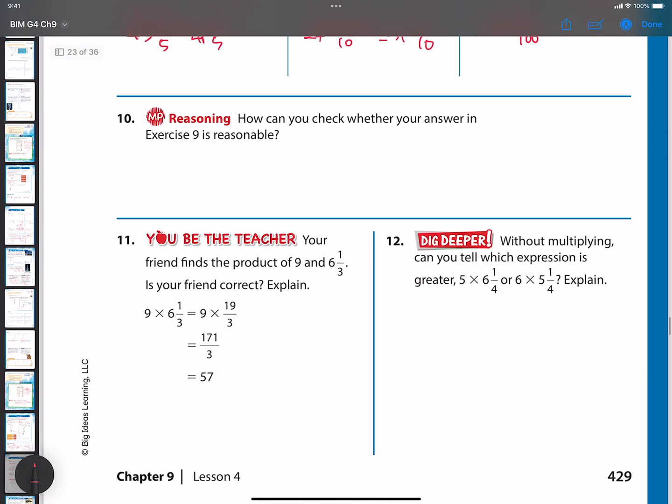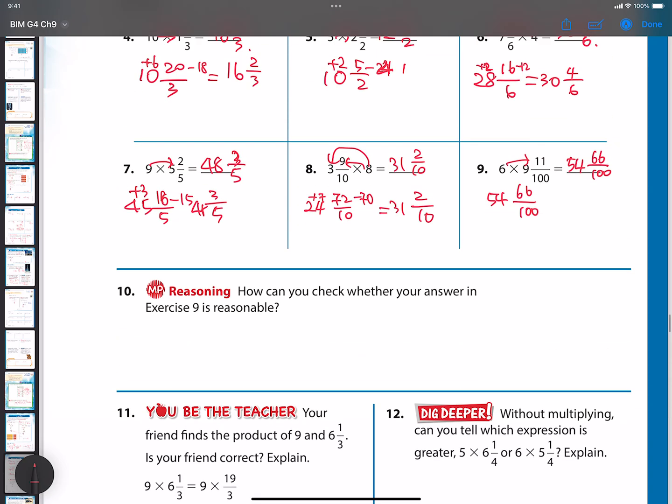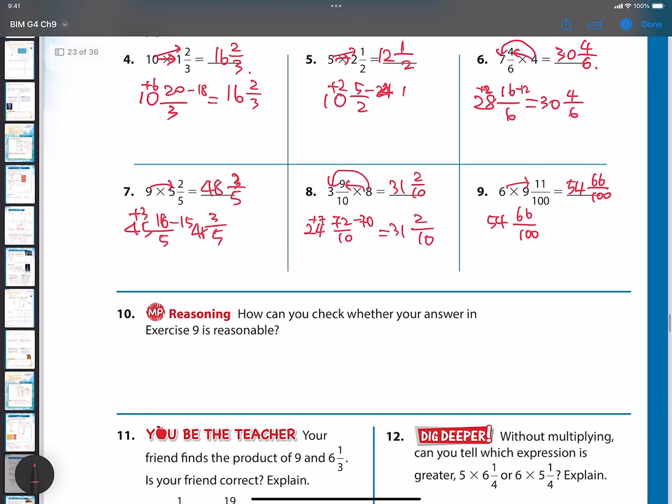All right. How can you check whether your answer in exercise 9 is reasonable? Because I know 9 times 6 is what? 54. And 11 over 100 is a very small number.